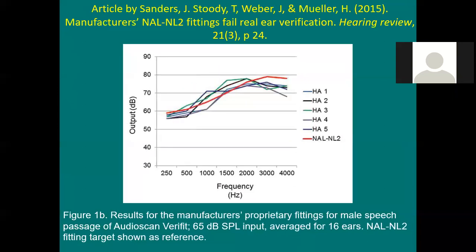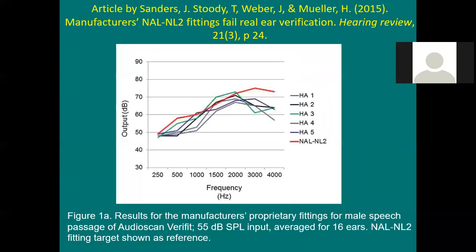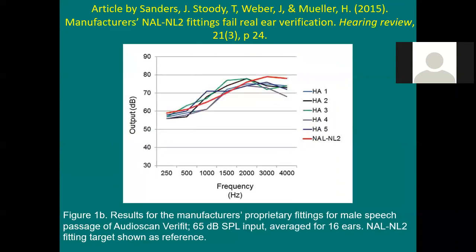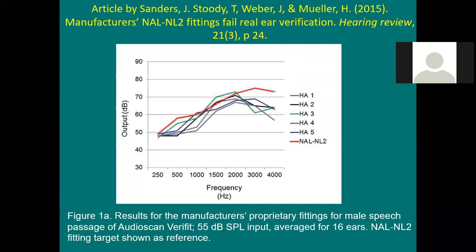Average, soft. Okay, so for soft, they're underfitting. For average, they're quite close, but still all less in the highs. Okay, that's one thing. Manufacturers' proprietary fitting methods always roll off the highs. Okay, but they're doing a better job here at 65 than they were at 55.